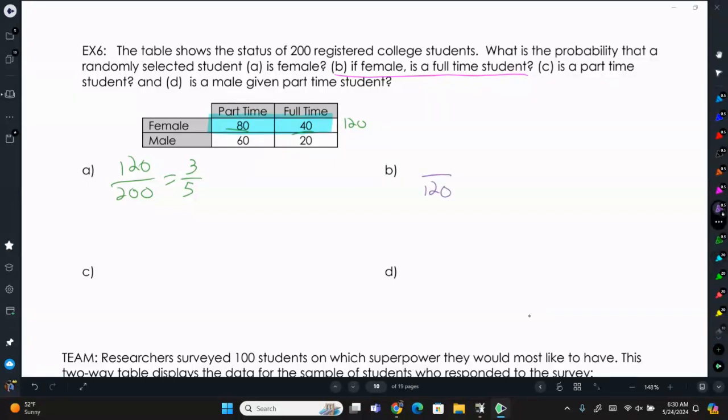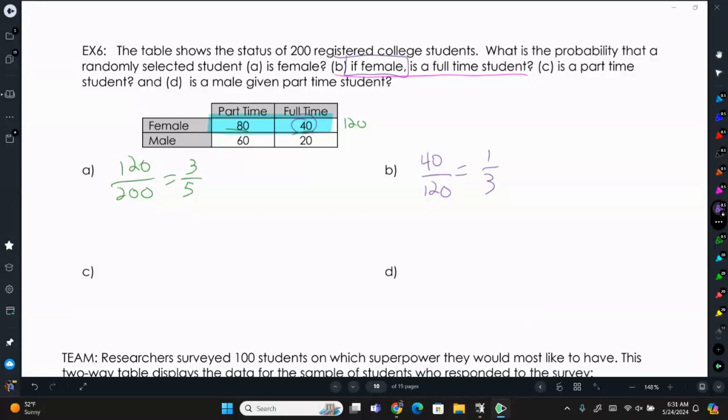And then full-time, we have 40, which equals 1/3. So that part right here, if female, that's telling us, hey, we already know that the student is going to be a female. What is the probability that that female student is a full-time student?